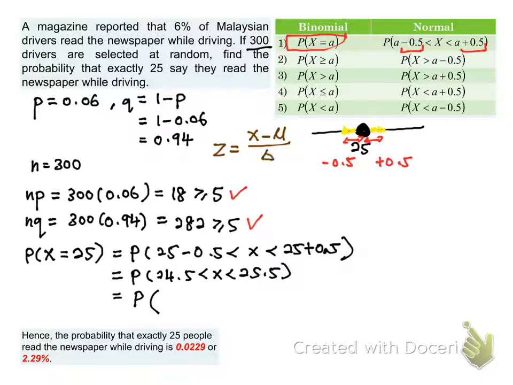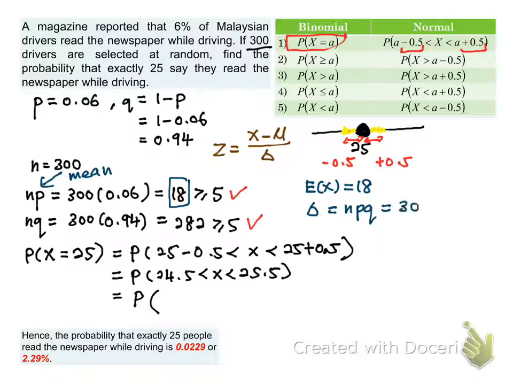The mean for the binomial distribution is equal to np. So np is the mean, and our mean right now is 18.